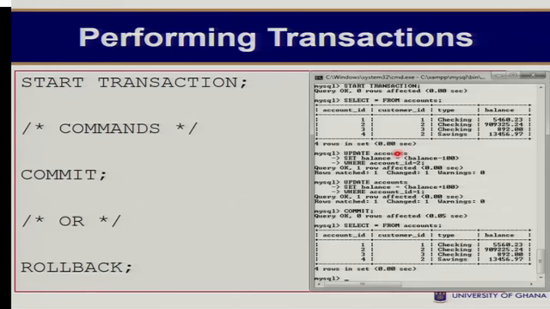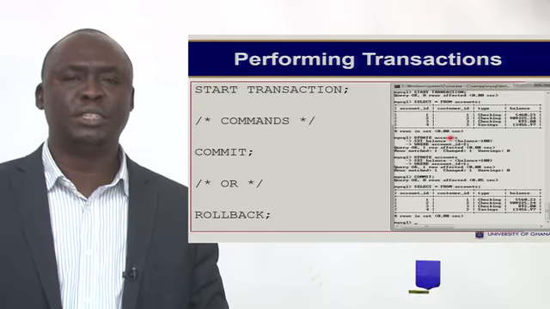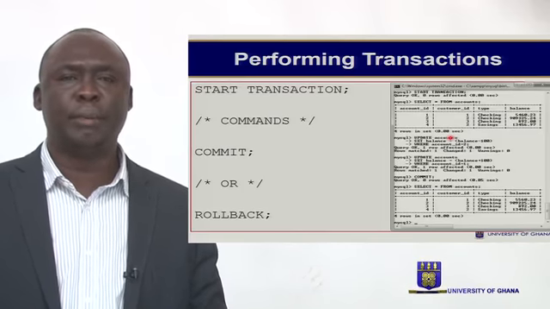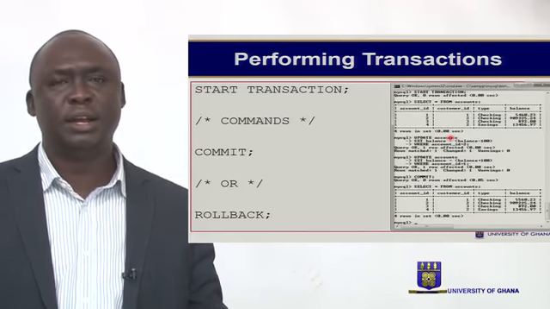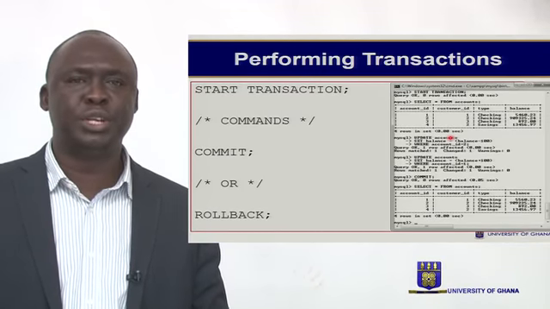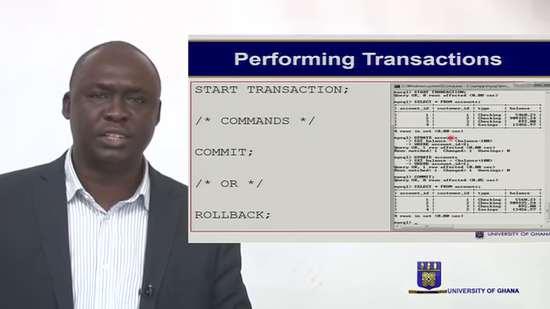So this is the syntax of transaction. You give the command start transaction, and you give all the SQL commands you want to give to your transaction. These particular commands could constitute select, insert, update, a whole lot of queries you could give within this particular section of the transaction.